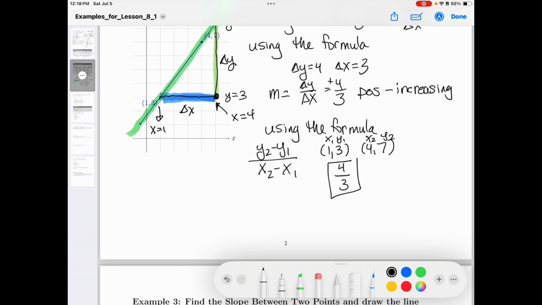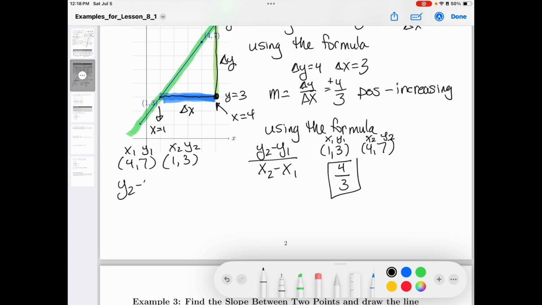Now, does it matter which point you label as 1 and 2? It absolutely does not. Watch what happens. If I switch the points and call 4, 7 x1 and y1, and I call 1, 3 x2 and y2, we're going to get the same value.